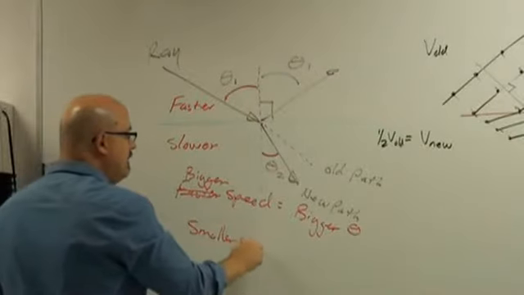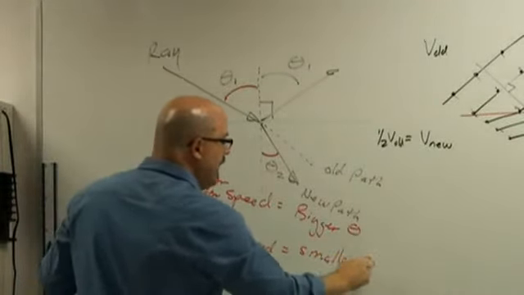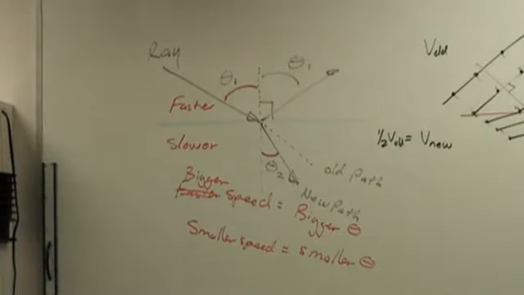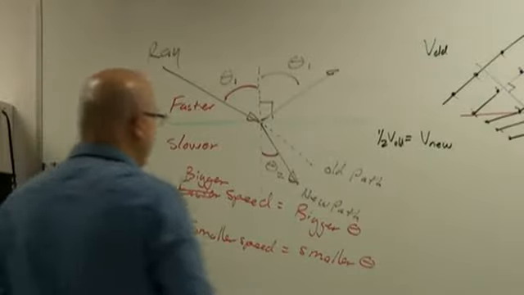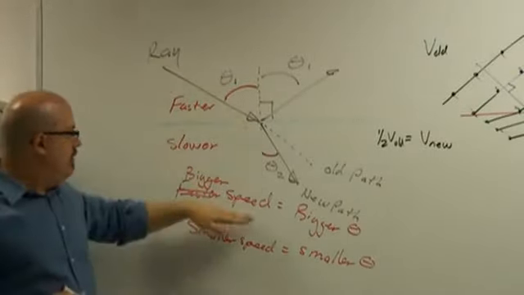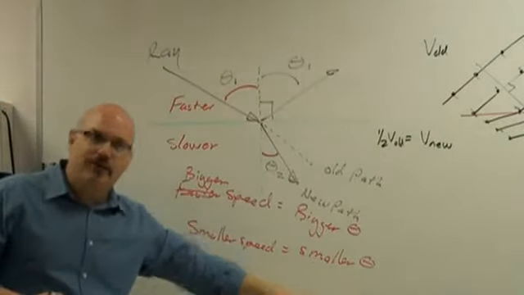Smaller speed equals smaller angle. This will always hold true except for one case, which I'll tell you in a minute. So if you slow down, go from a bigger speed to a smaller speed, you're going to have a smaller angle when you enter.